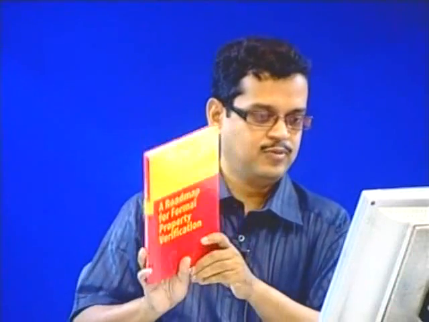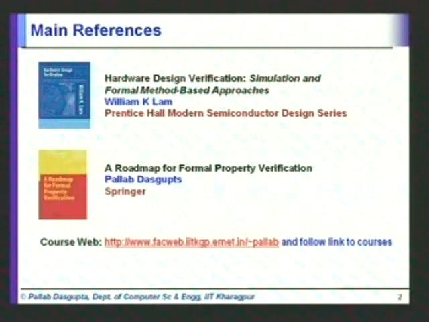And I will also teach the formal methods part mostly from a book which I wrote a couple of years ago, A Roadmap for Formal Property Verification, from Springer. The second book is available in the e-books of Springer, and the institute has an e-books subscription. So, you should be able to download the book from the Springer website.